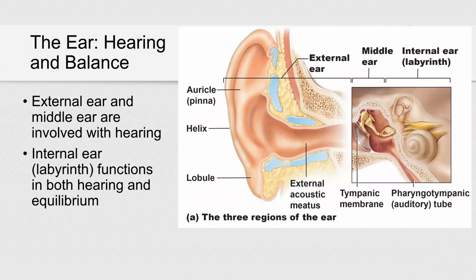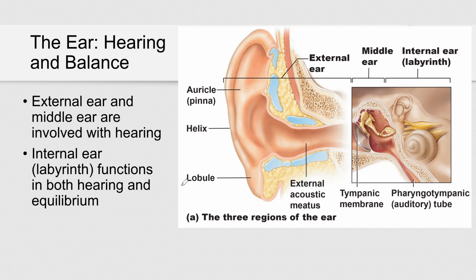Now, in this video, we will cover the anatomy of the ear. Hearing and equilibrium are part of your special senses. You have general senses and you have special senses.